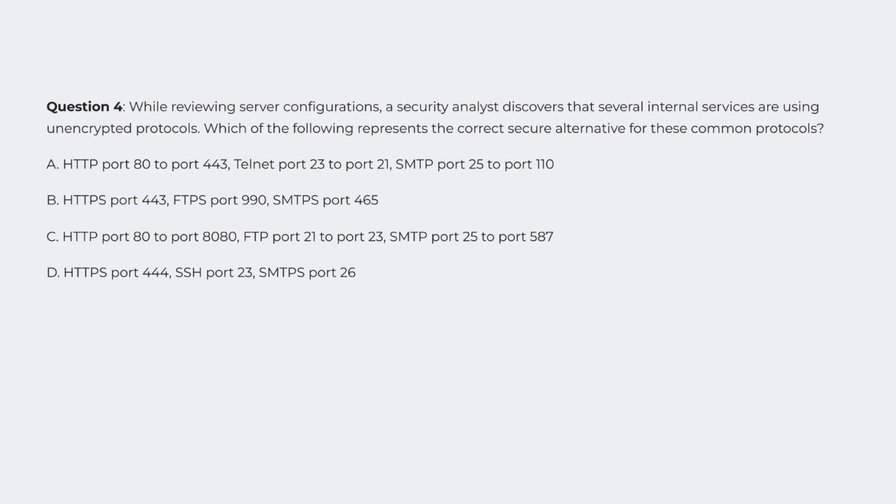B. HTTPS port 443, FTPS port 990, SMTPS port 465. C. HTTP port 80 to port 8080, FTP port 21 to port 23, SMTP port 25 to port 587. D. HTTPS port 444, SSH port 23, SMTPS port 26.